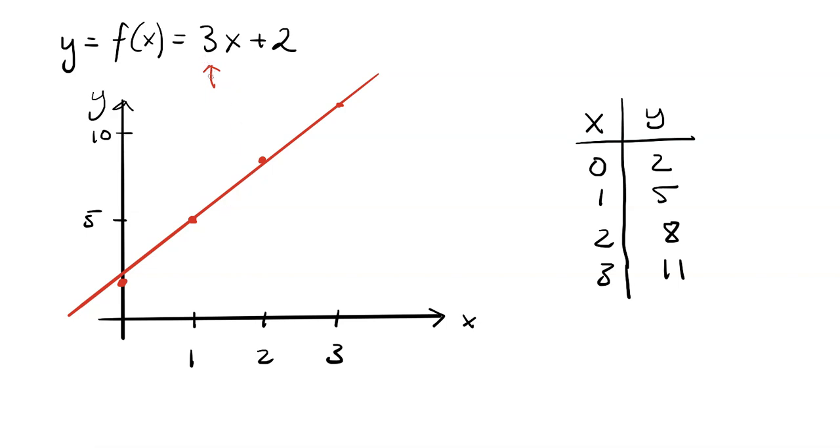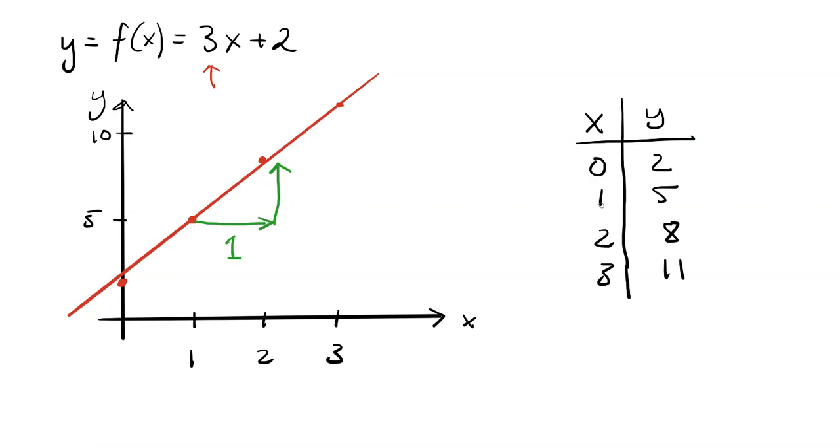So why is this called a slope? Okay, so we want to have a measure of the slope of this curve. How could we have that? One way of doing it is, for example, if we go one step in this direction, how many steps do we have to go in the y direction?